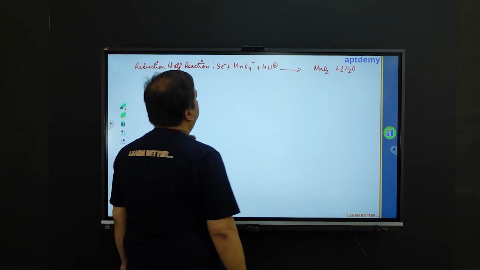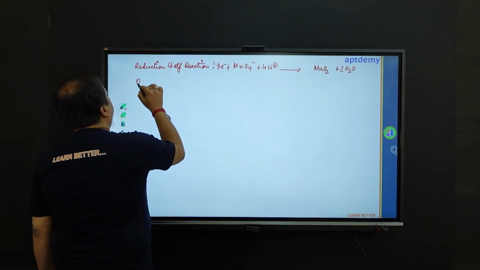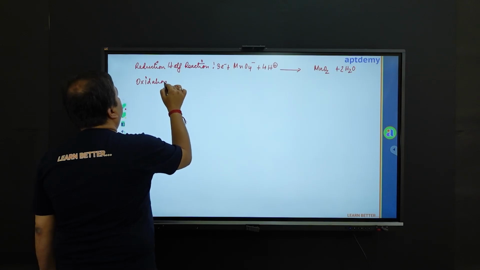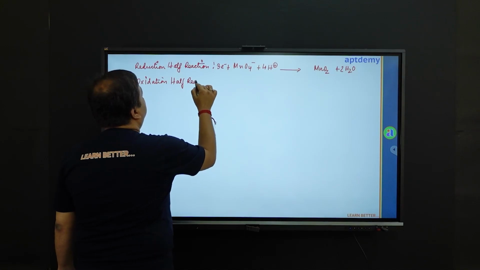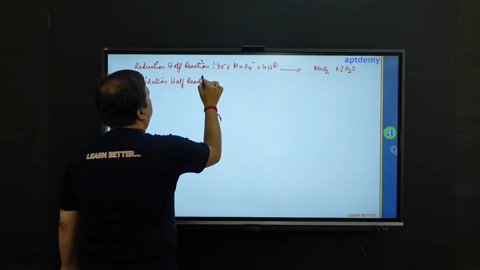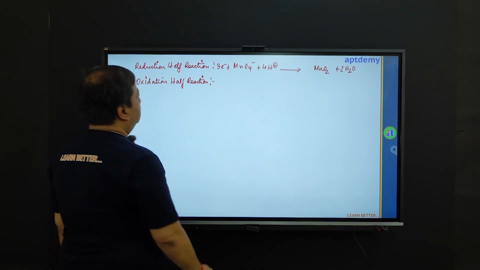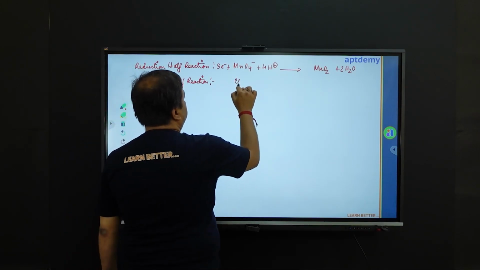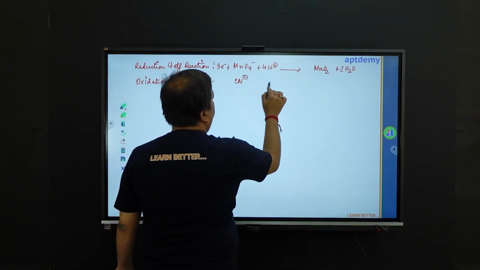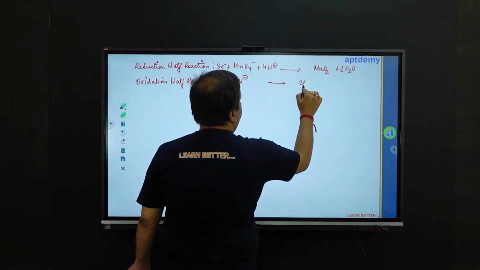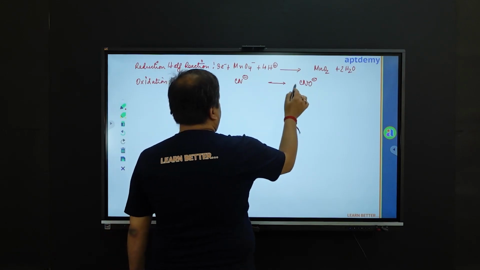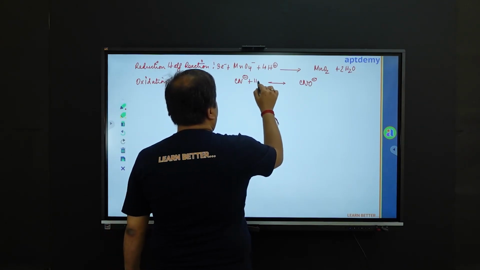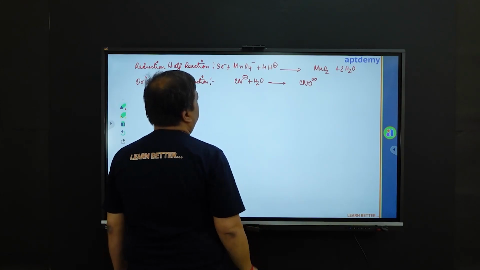Now what about the oxidation half reaction? You have to balance the oxygen, so we add water on the left hand side.